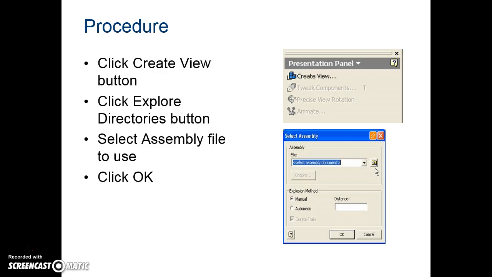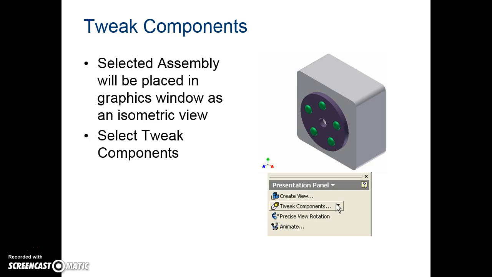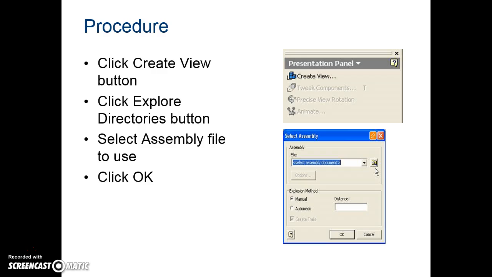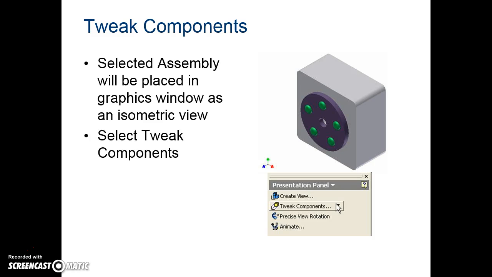Procedure. Click the View button, click the Explore Directories button, click the assembly file to use, click OK. And then you'll come to, after you brought in your assembly, so we've done all this before, so this should just be review. Then you select whatever you want. The selected assembly will be placed in the graphics window in the isometric view.